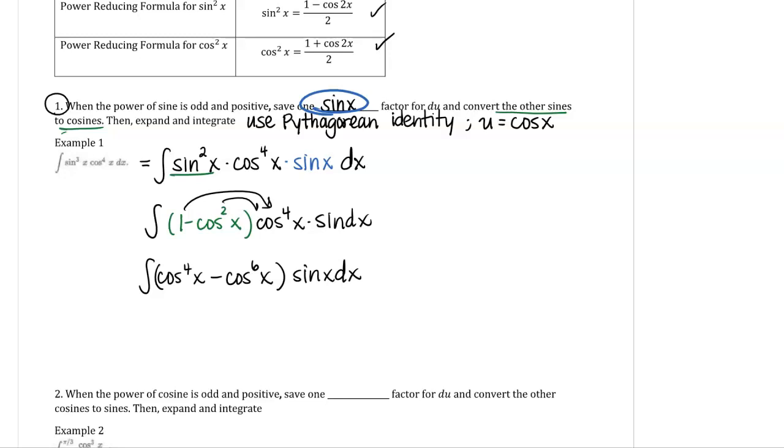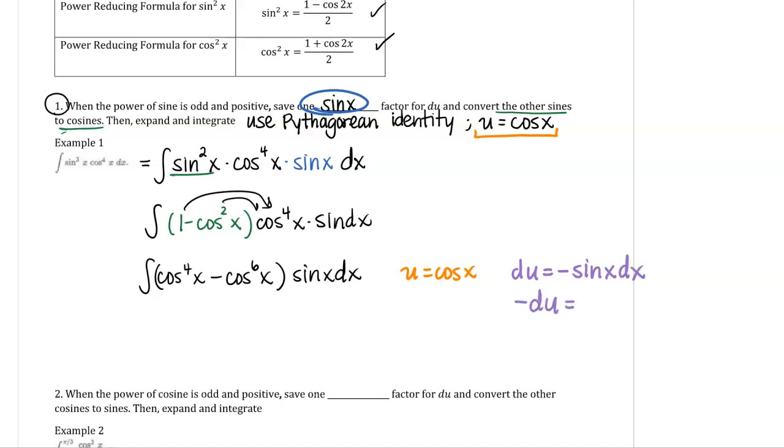So you have changed the other sines to cosines. Now we're ready to let u be cosine x. We know that du, the derivative of cosine x, is negative sine x dx. We don't have that negative inside our integral, which is fine.